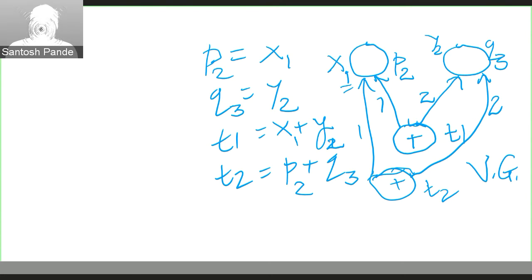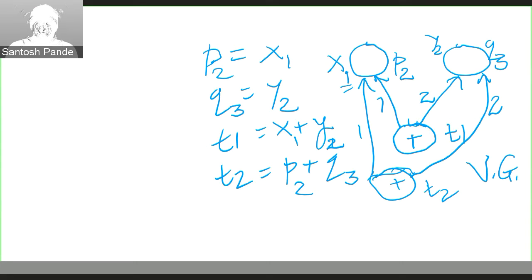And then we will connect that node by plus value to the plus node, X1, and this node Y2 to this particular node T1, and correspondingly arrange 1 and 2 as the labels of the respective edges. First operand given 1, second operand given 2. P2 similarly, go to that node and then connect it like that.